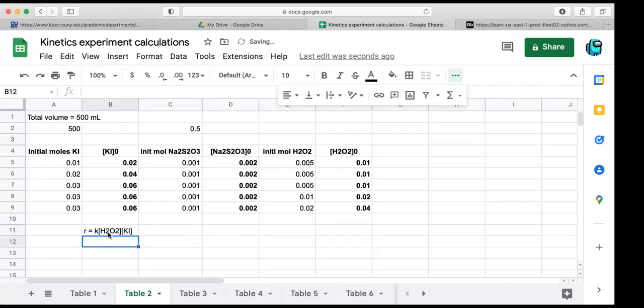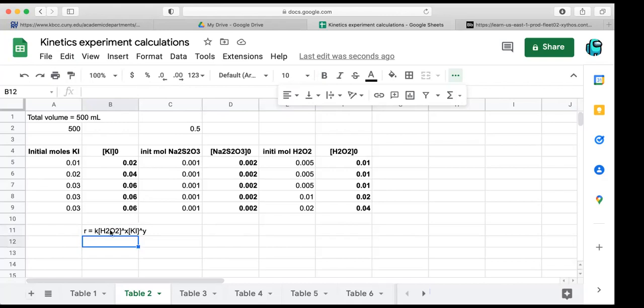We want to know what these exponents are, right? The orders of the reactants. So I'm going to put an X there. So raised to the X. I can't do superscript in this format, so I'll just use that little caret symbol. The little caret is this one right here. That means raised to the power of. So raised to the power of X times KI raised to the power of Y. That's what we're trying to figure out.